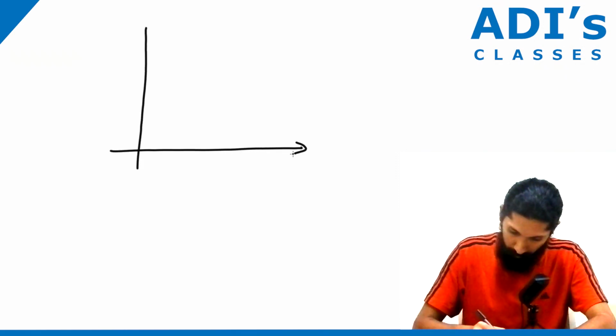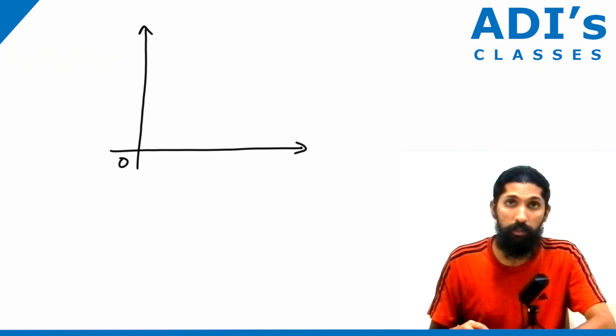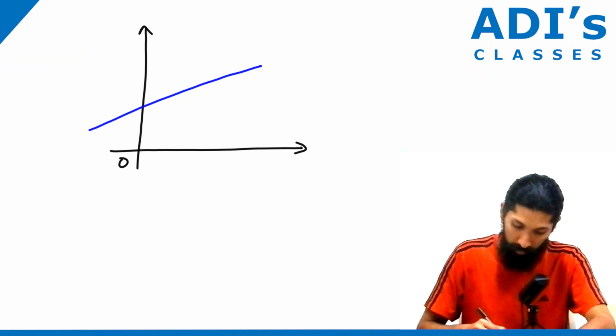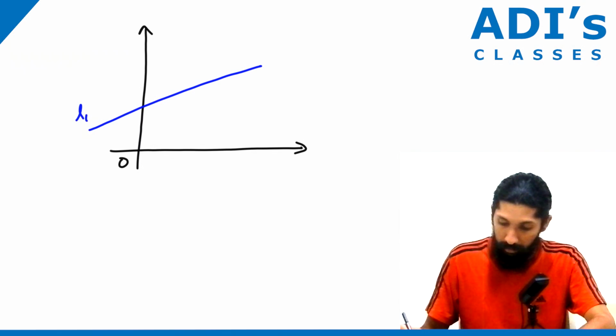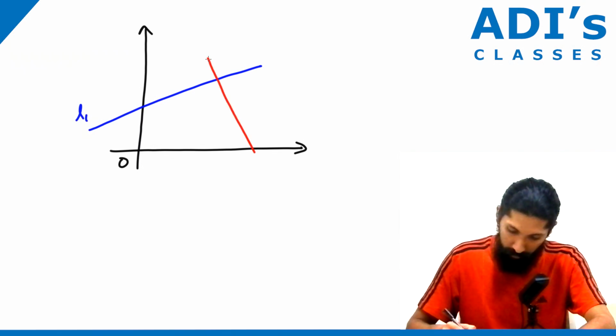Again, we start with the x and y axis. Now, let's assume the first line is something like this. Let's call this L1. Now we have another line, say the other line is going to be something like this.